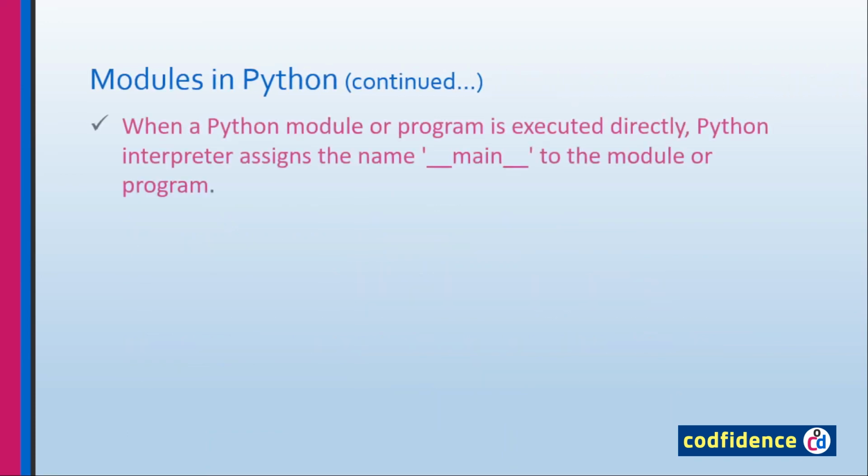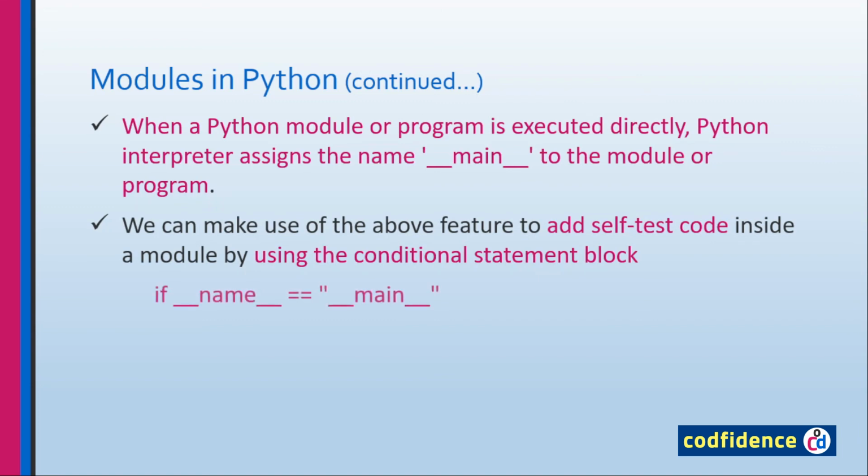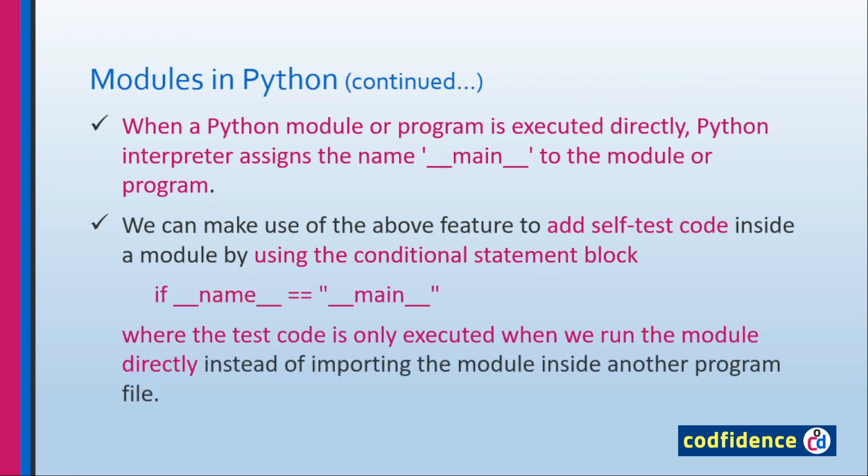When a Python module or program is executed directly, the Python interpreter assigns the name __main__ to the module or program. We can make use of the above feature to add self-test code inside a module by using the conditional statement block if __name__ == "__main__", where the test code is only executed when we run the module directly instead of importing the module inside another program file.